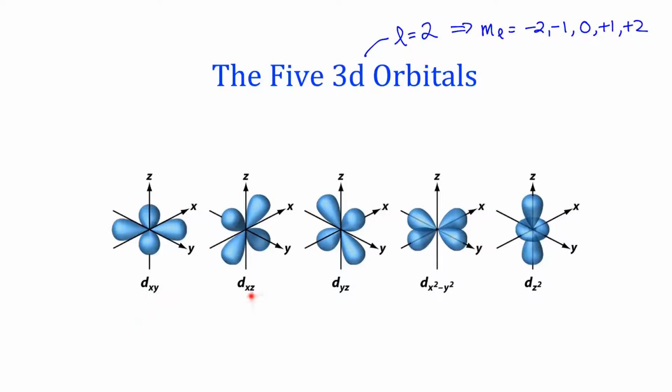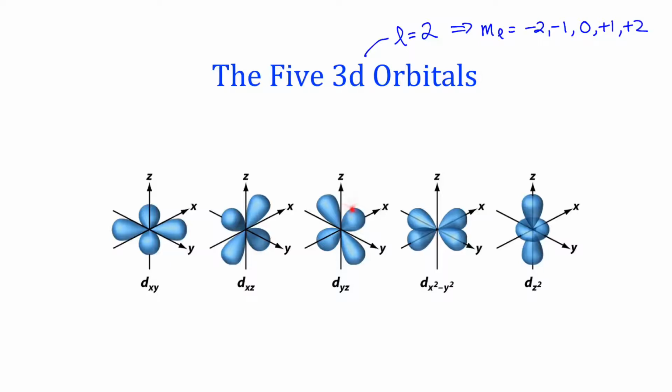If we go over here to the xz, we notice a similar kind of situation. We have a lobe that is directly oriented between our x and our z axis. Moving over here to the yz, hopefully you can start to see how this is coming together with the labeling.